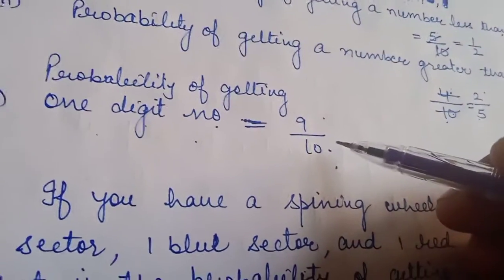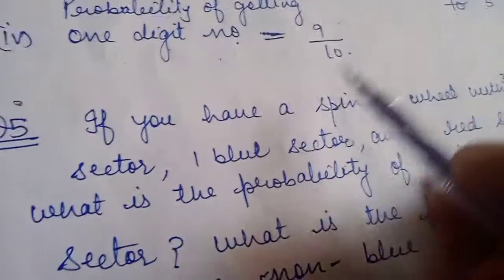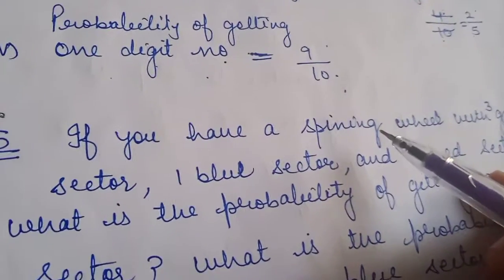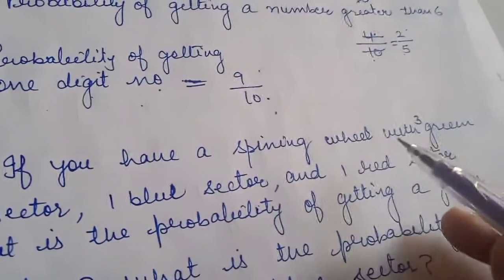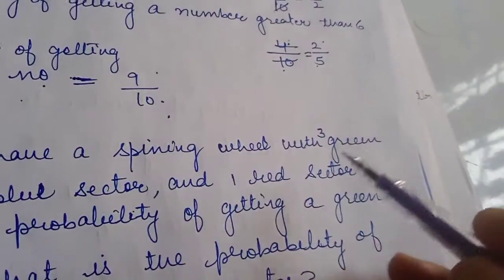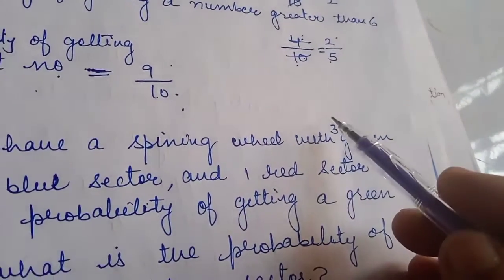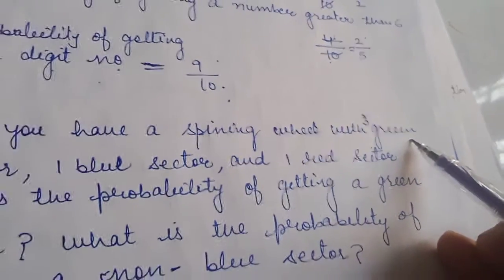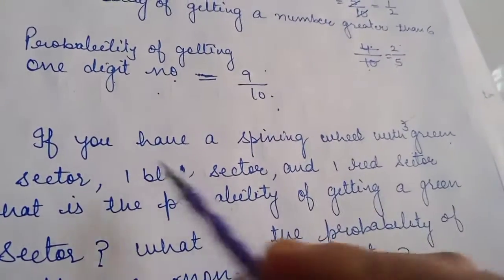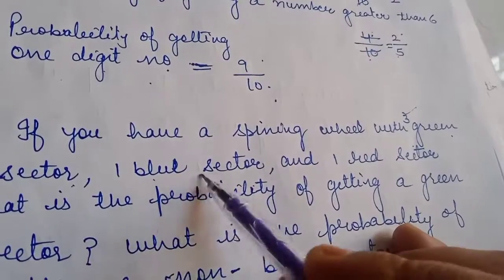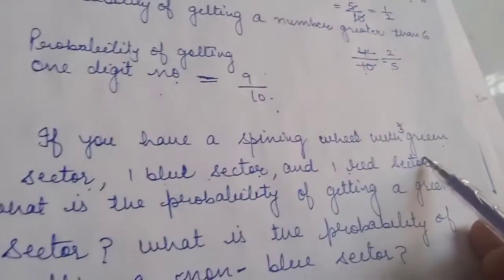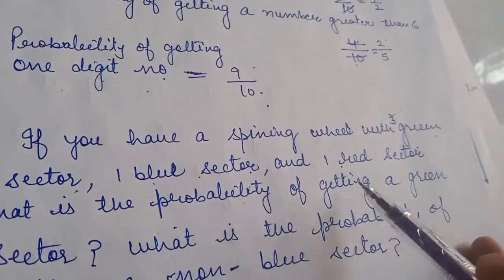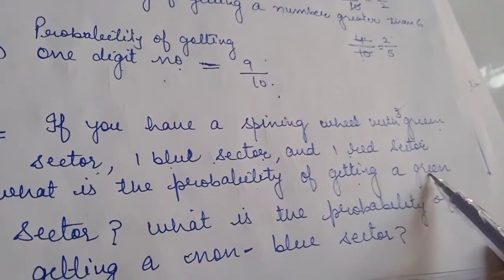9 upon 10. Now the next question, question number 5: if you have a spinning wheel with 3 green sectors, 1 blue sector and 1 red sector, what is the probability of getting a green sector?